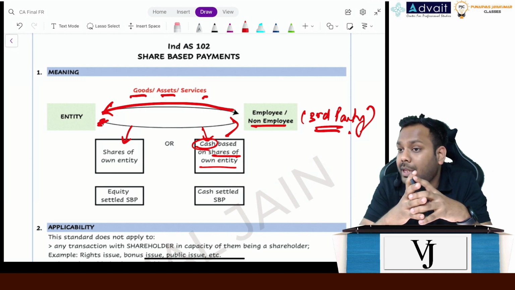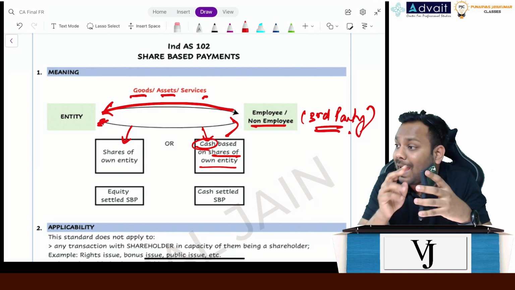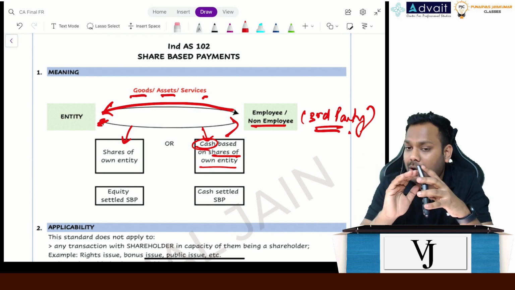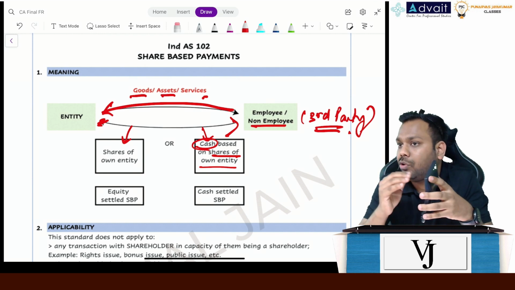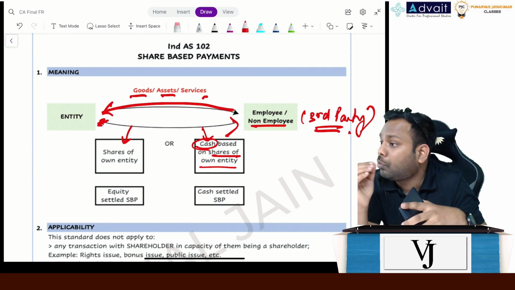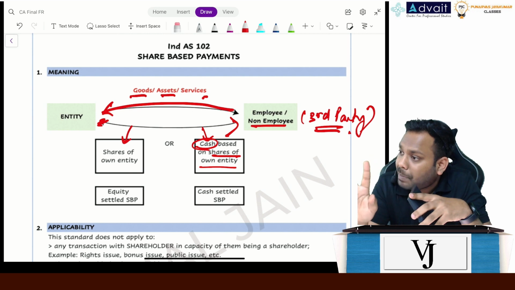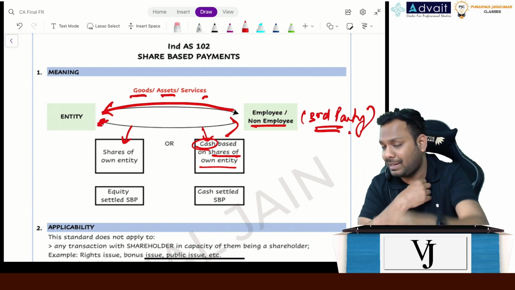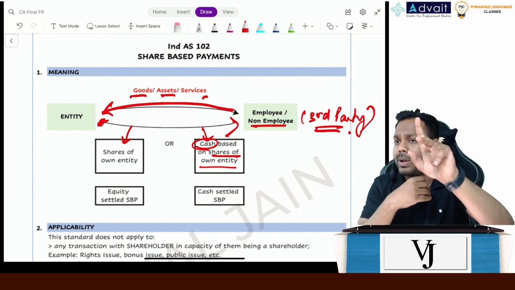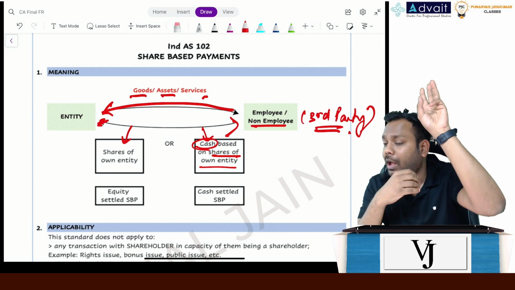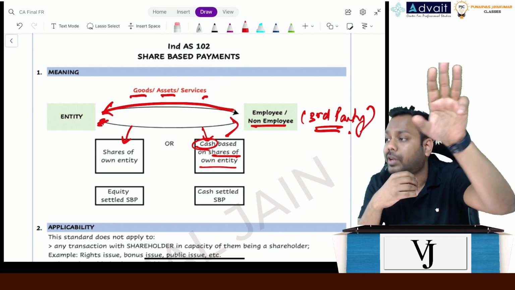Third, I say I will give you cash based on the value of 2 equity shares of my company. Suppose on the day I have to give the cash, the value of 1 equity share is rupees 10 only. Then I will pay only 20, not 400. So my obligation can be to give cash, to give cash based on the shares of the company, or to give shares of the company.